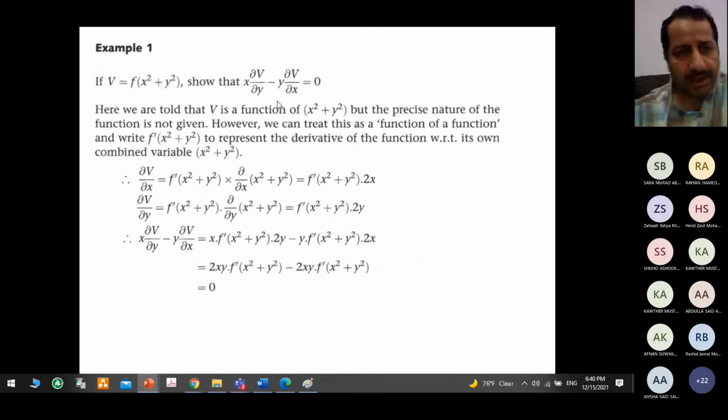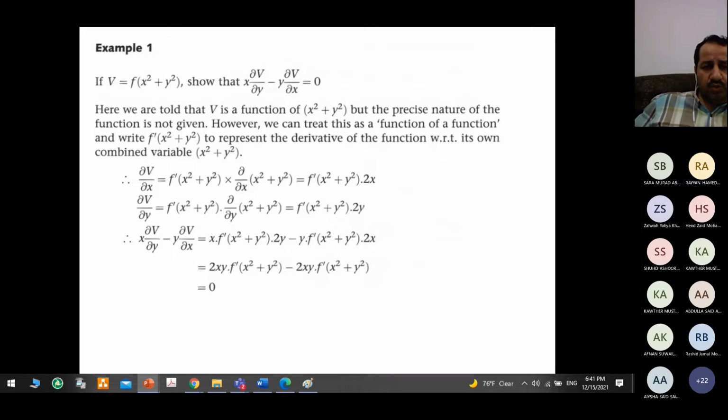Now, sometimes the function is not given clearly in front of you. As an example, this one here: v is f of x squared plus y squared. It tells you there is a function v, the dependent variable, of x squared plus y squared, but we don't know what it contains.